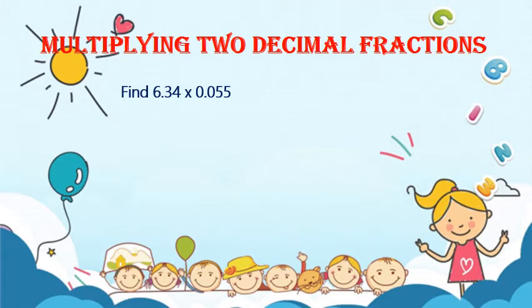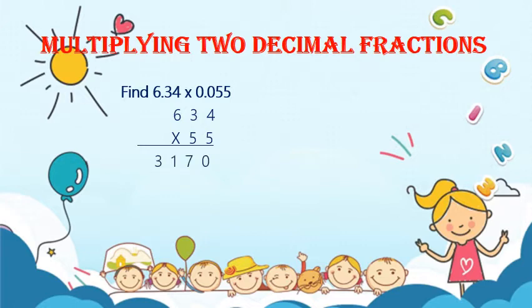The first step is that we consider both these decimal fractions as whole numbers. So 6.34 will become 634 and 0.055 will become 55, as whole numbers. 634 is a whole number and 55 is also a whole number. So let us multiply them.